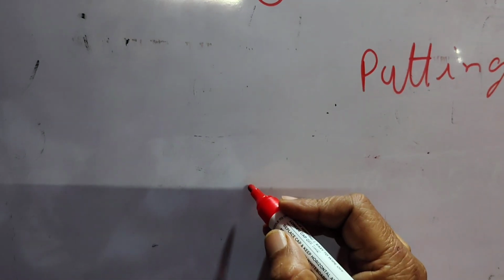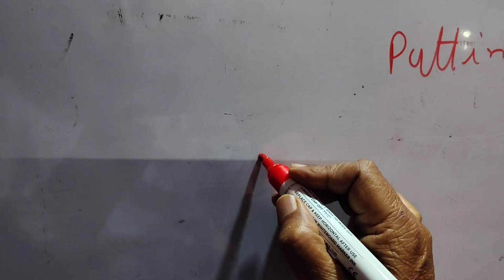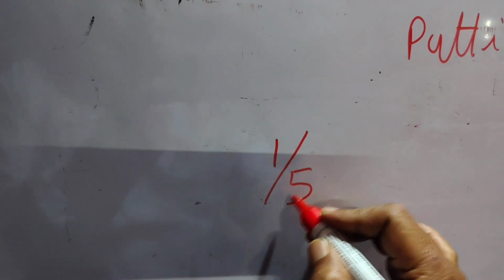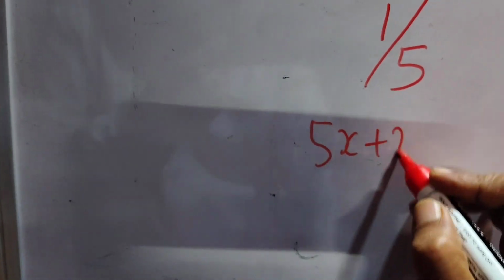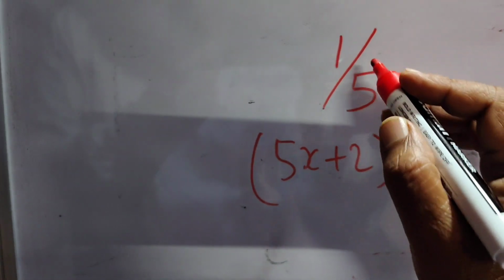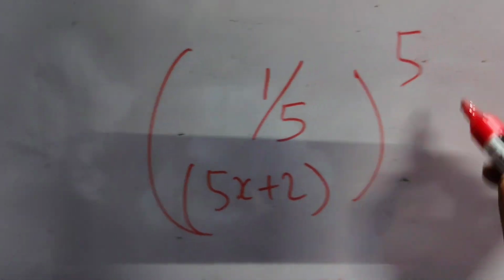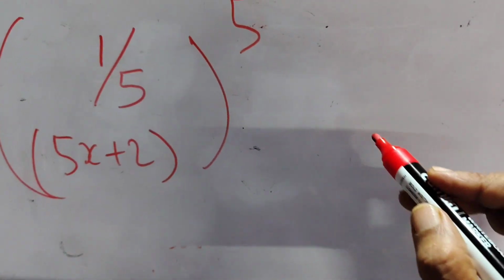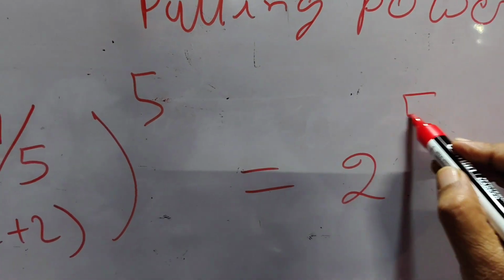So this will become 5x plus 2 with power 1 by 5, and then to the power 5, and on the right side also to the power 5.